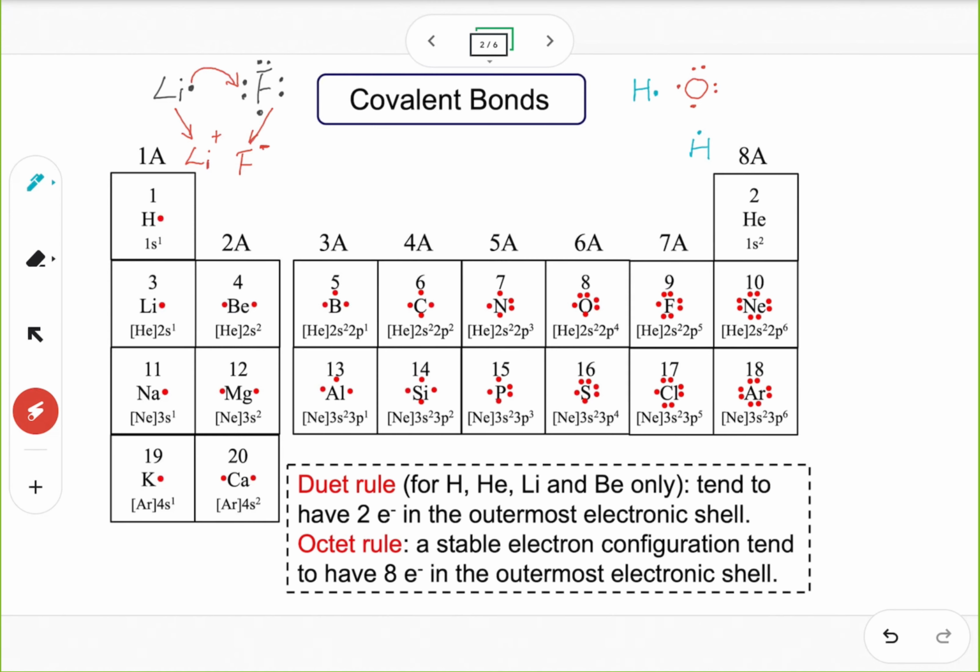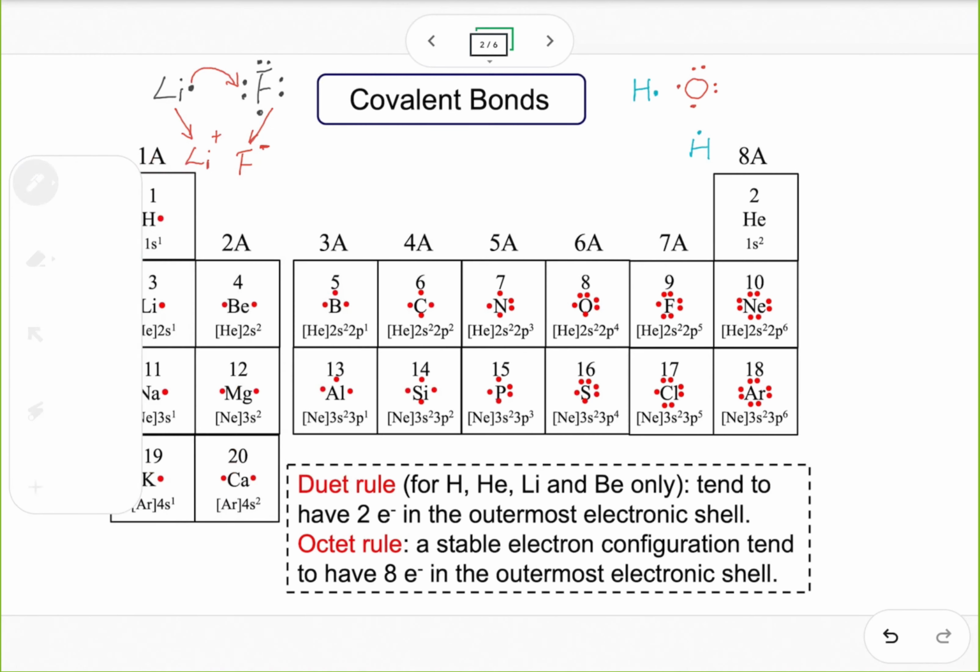Okay, remember hydrogen, according to the Duet rule, wants to get 1 more electron to have 2 electrons in the outermost electron shell, which is 1s for hydrogen. Okay, for oxygen, 6 valence electrons, so it has a tendency to obtain 2 more electrons to satisfy the Octet rule.